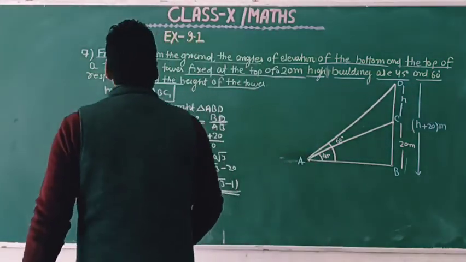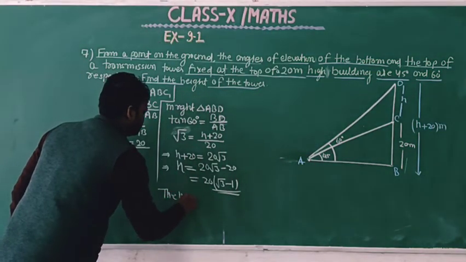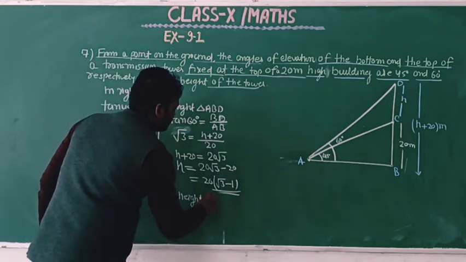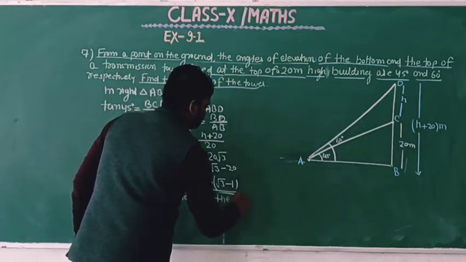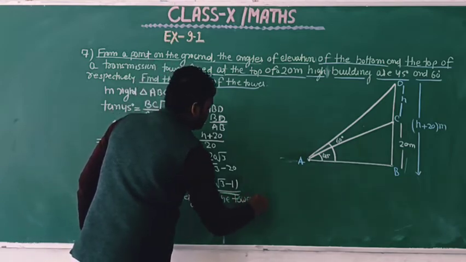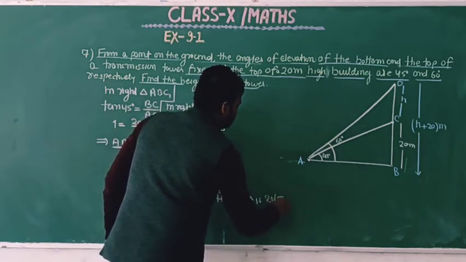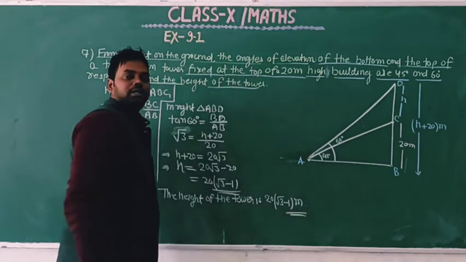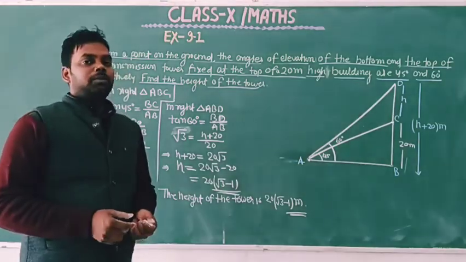The height of the tower is 20(root 3 minus 1) meter. This is the required answer of question number 7.